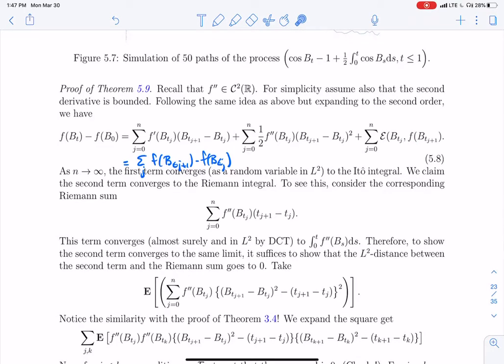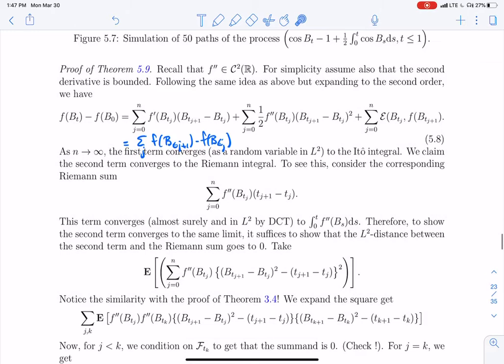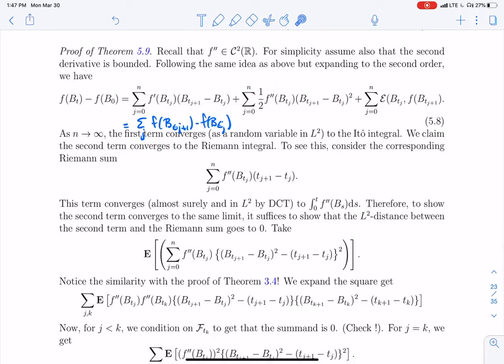Now, when n tends to infinity, we know this first term converges in the L2 sense. That was the Ito integral. It converges to the Ito integral with the strategy f prime of B_s. So that's the Ito integral in Ito's formula. The second term should converge to the Riemann integral, and you can expect that because (B_{t_{j+1}} minus B_{t_j}) squared is essentially like t_{j+1} minus t_j.